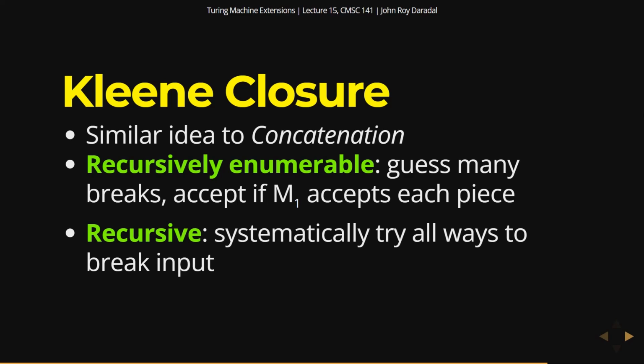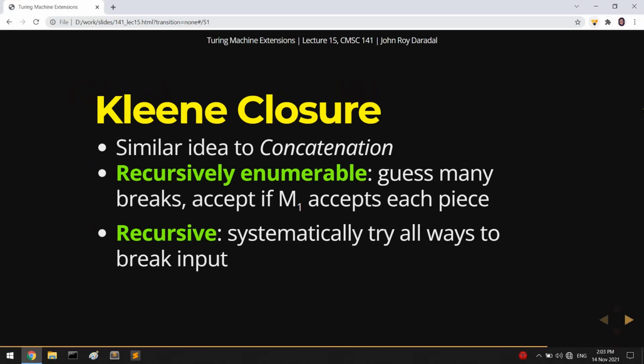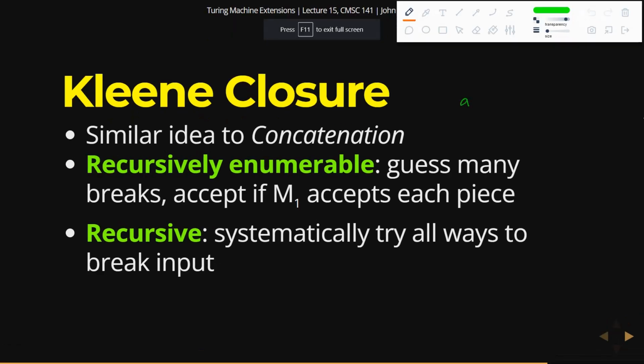For example, if you have A B A B A B A B, is that A B repeated 4 times, or is that A B A B repeated twice, or is that only this whole thing repeated once?